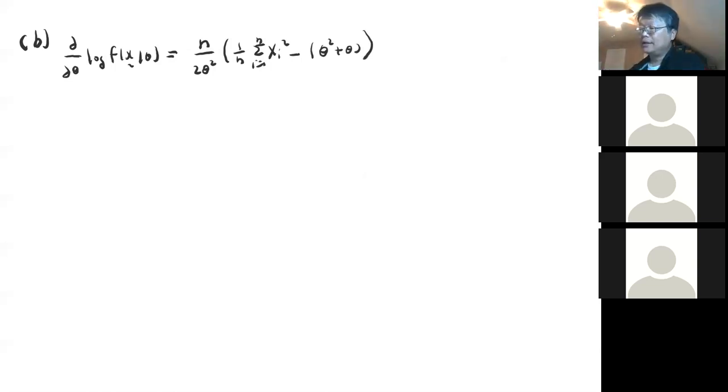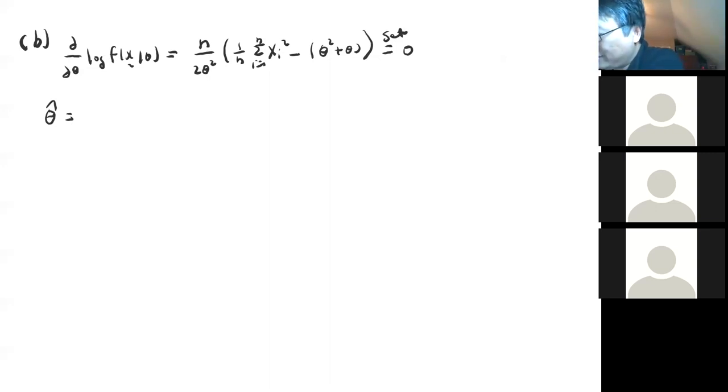See if you can get it using the square function. Okay, so then the goal is I'm trying to set it to 0 and find what the theta hat is. But as you can imagine, you have a quadratic function to solve. Then how do you solve a quadratic function, right?